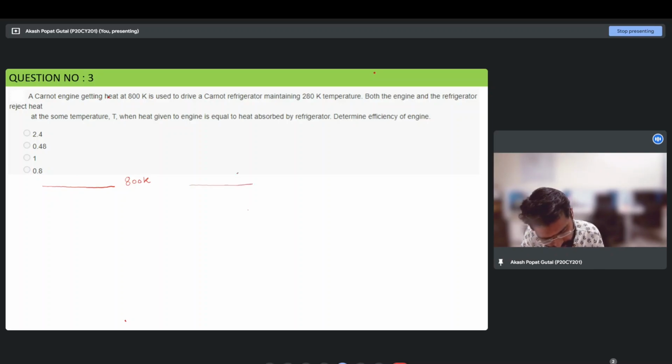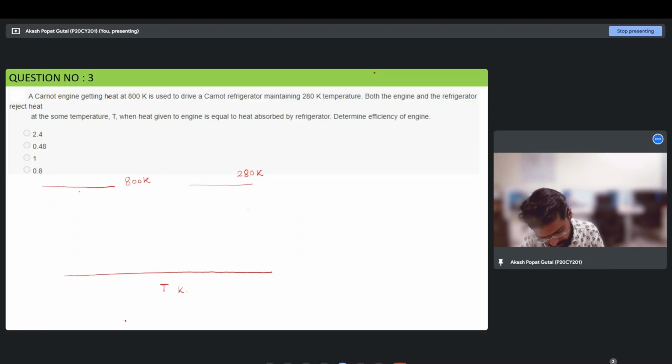And here, suppose this is the 280 Kelvin cold bath of the refrigerator. And at the end, they are rejecting heat to the common heat bath, which is at, let's say, T Kelvin temperature.